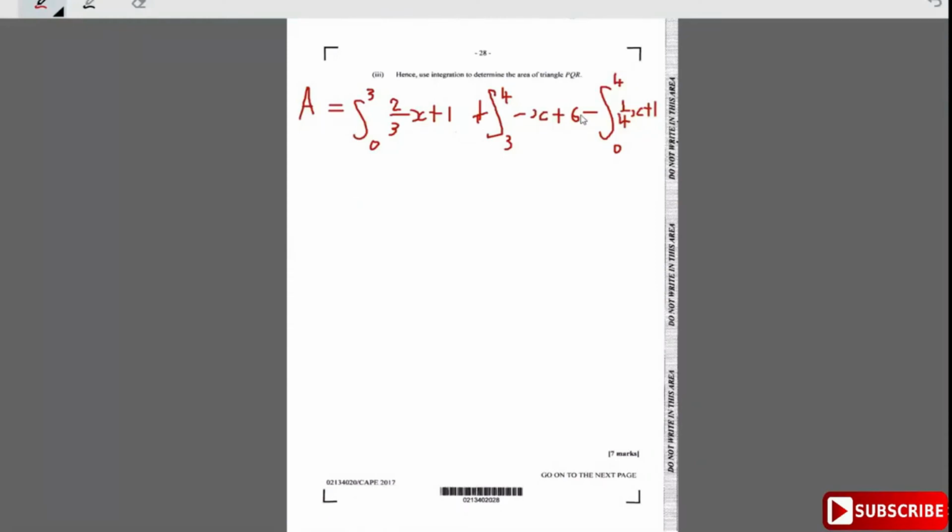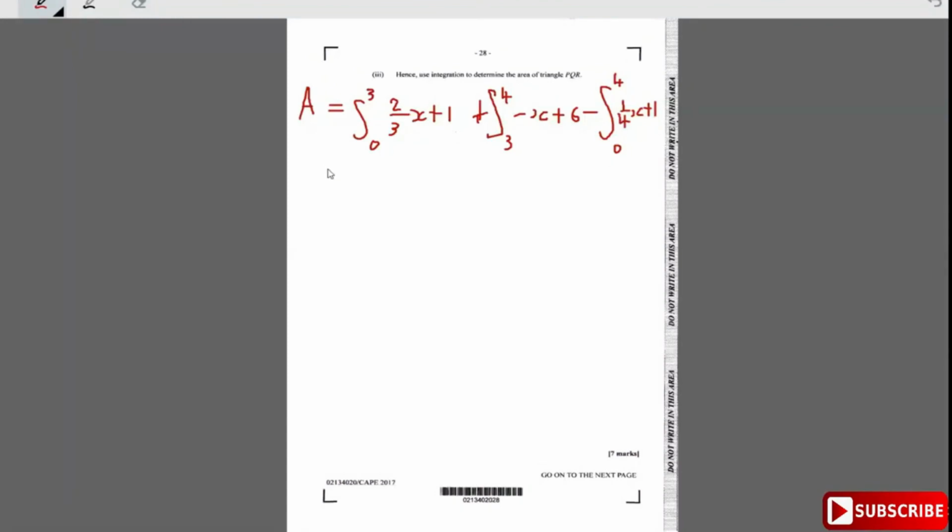So let's go ahead and find this integral. When we integrate, we add 1 to the power and divide by the new power. So 2 over 3 times x squared over 2.